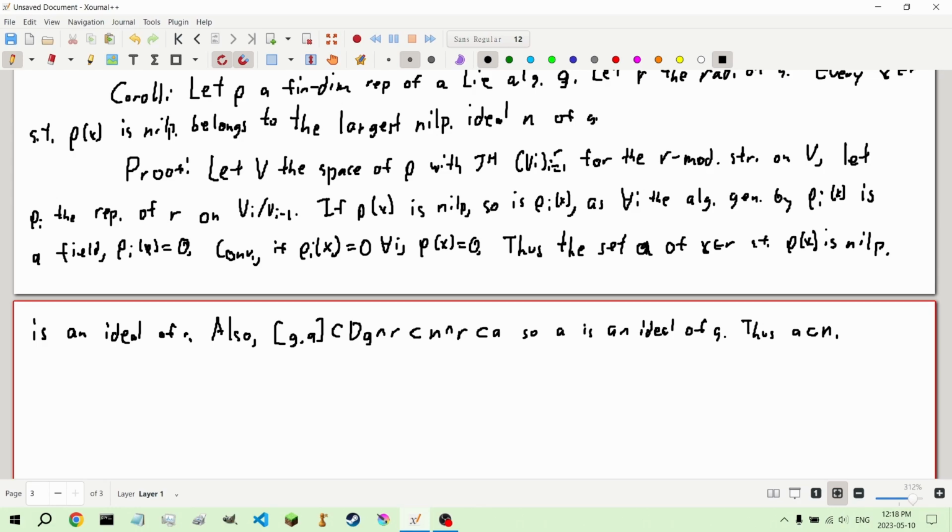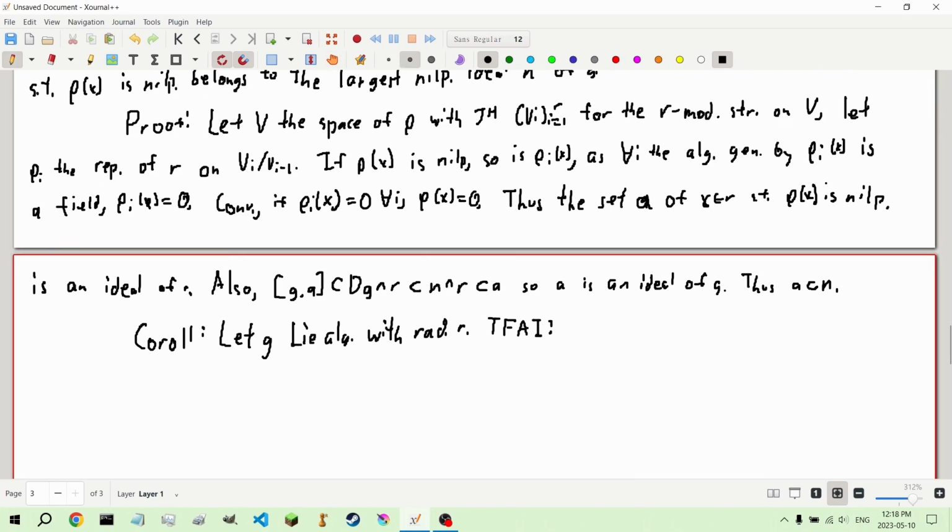One more, it looks like it's going to be pretty short, and then we are free. Let G be a Lie algebra with radical R. The following are identical as sets.